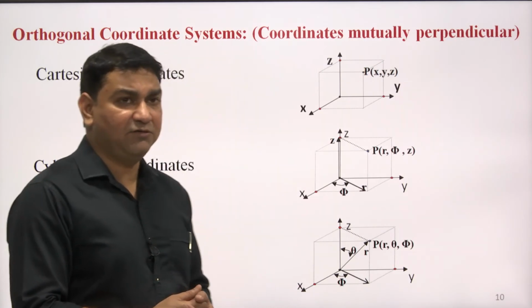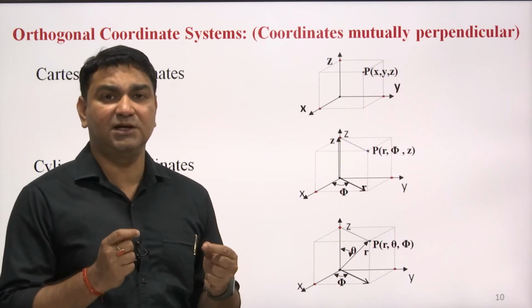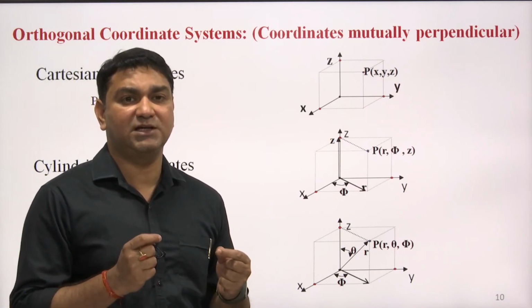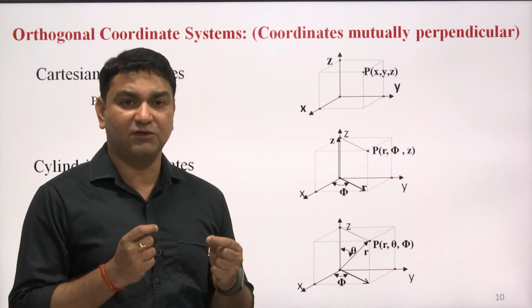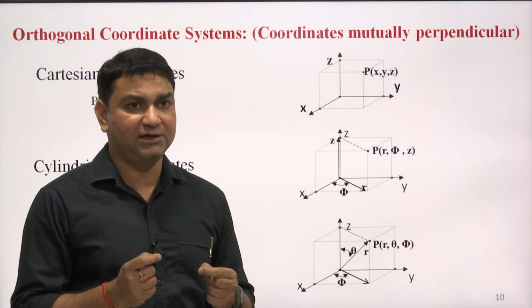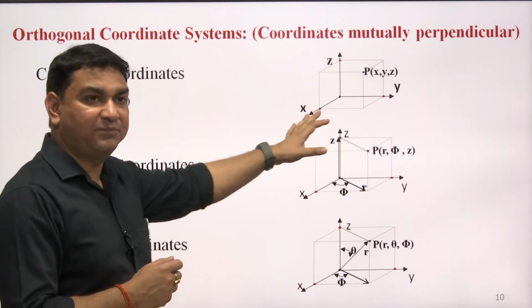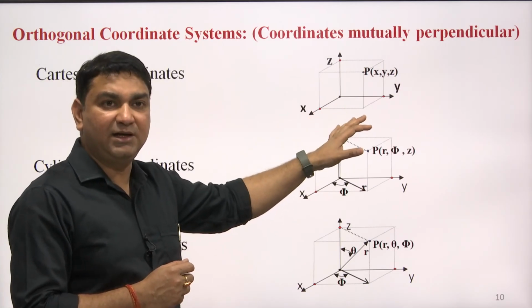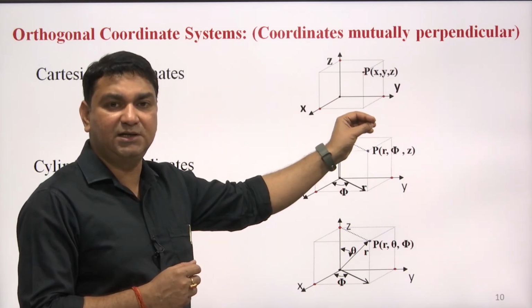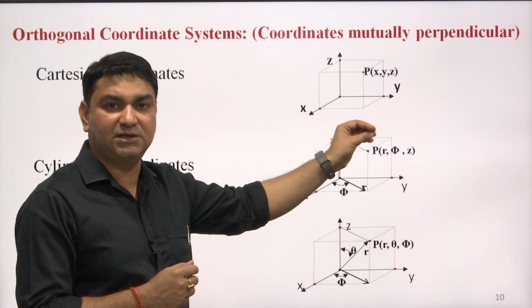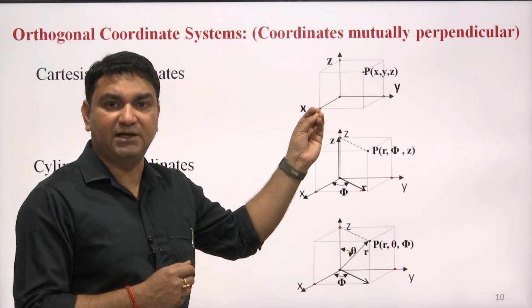So, first of all, what is the very general coordinate system which is known as Cartesian coordinate system. Cartesian coordinate system is defined in terms of three axes x, y and z, and this x, y and z axis is shown here. Any point P can be represented in the Cartesian coordinate system by three values x, y and z.